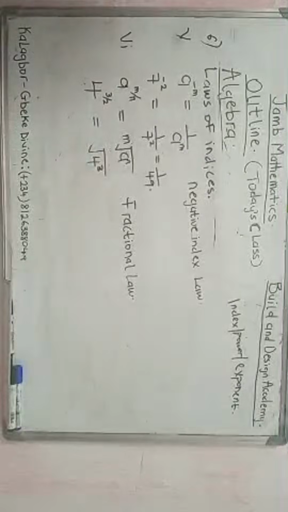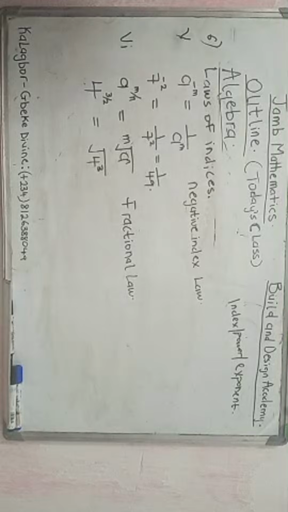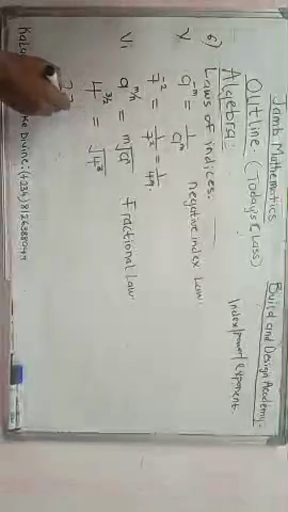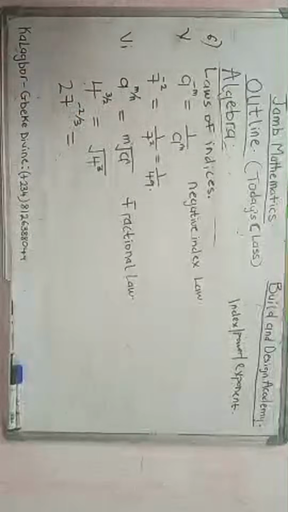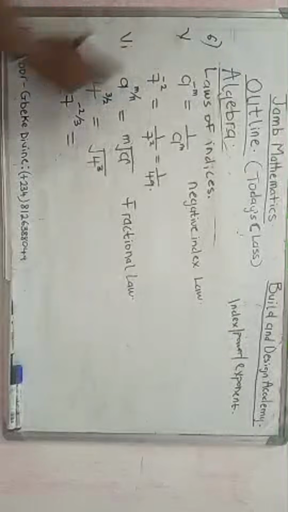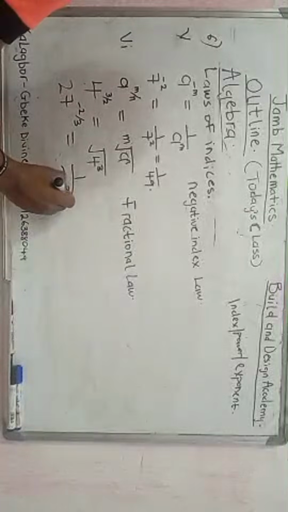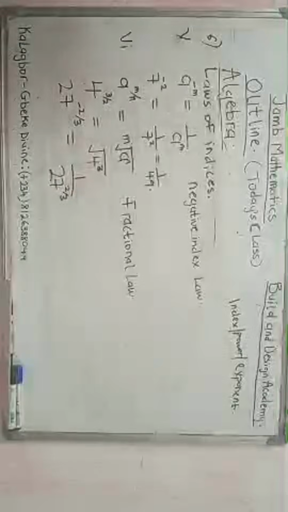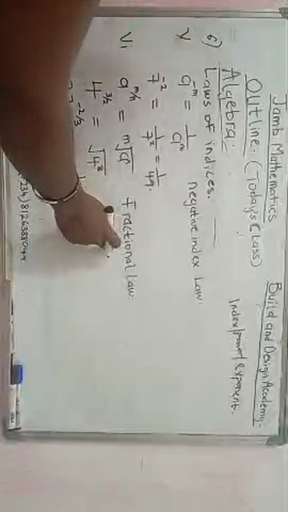So let's proceed. Let's take an example. Let's say 27 raised to the power minus 2 over 3. Now, from the negative index law, we know that it will be 1 over 27 raised to the power 2 over 3. Since we are getting this, the next thing is to bring this out using the fractional law.